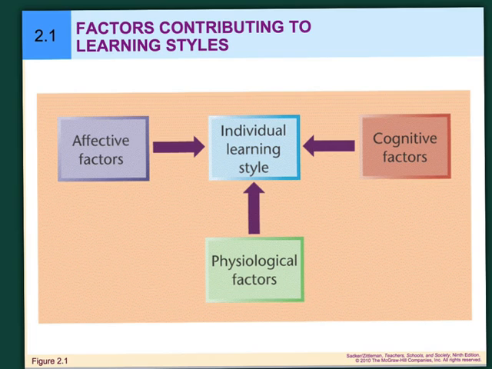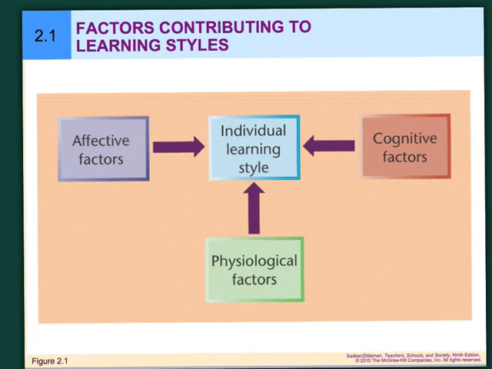Okay, so factors contributing to learning styles. We all have individual learning styles. I mean, everyone has a preference for the way they would like to learn. It does not mean that we can't learn other ways, we just have a preference. And the multiple intelligence quiz survey will help us to understand our own personal learning styles.